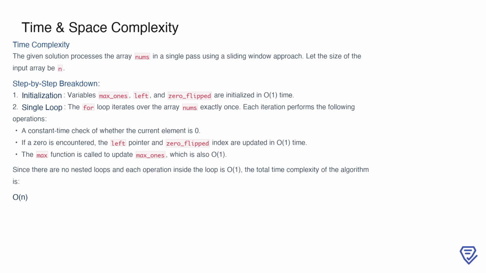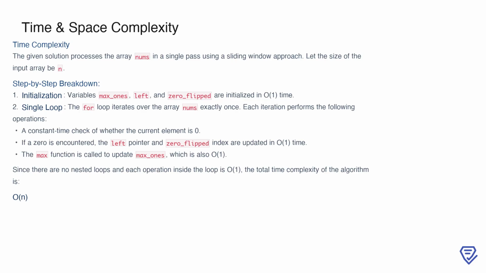During each iteration, we check the current element to see if it is 0, which is a constant time operation. If a 0 is encountered, we update the left pointer and the 0_flipped index, both of which are also O(1) operations. After that, we use the max function to update max_ones, which, again, is done in constant time.